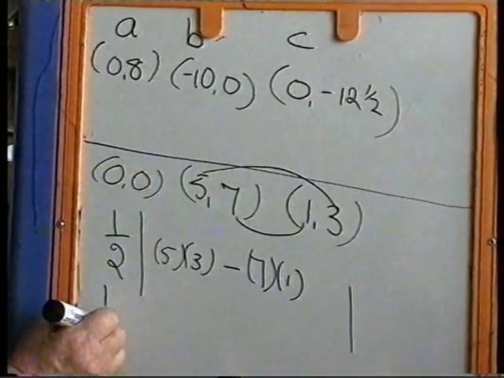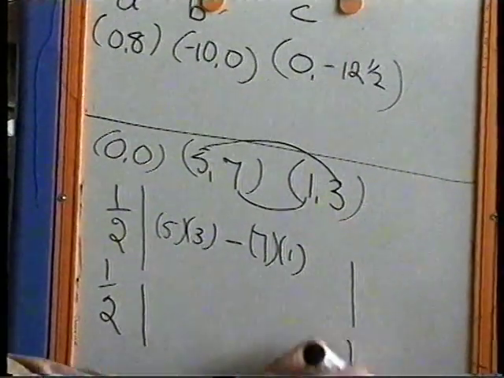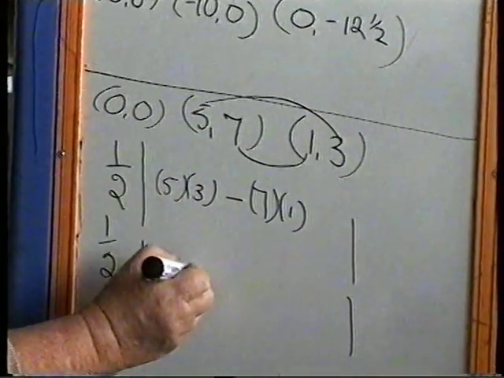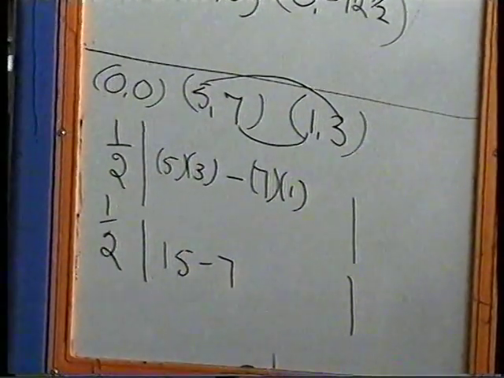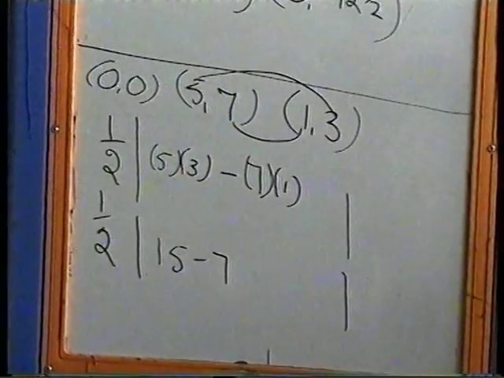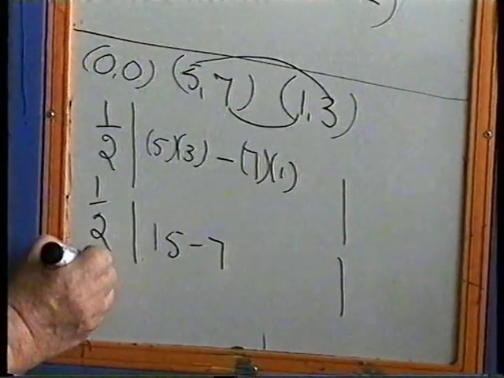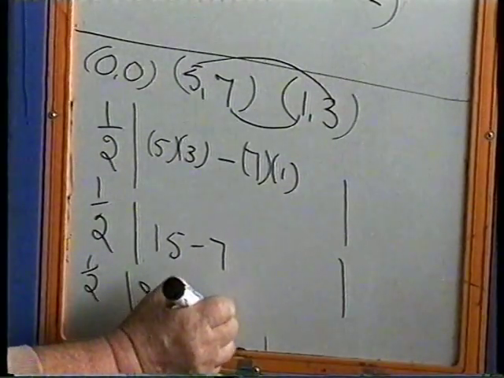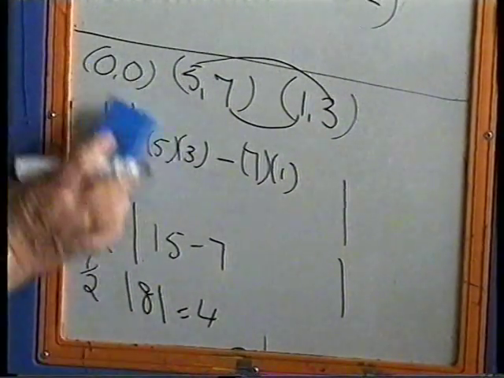And that will be half the positive value, that's what that modulus means, of 15 minus 7. If you ended up with the minus answer, you just drop the minus. So it's half 8, so it's 4. That's how you get the area of a triangle.